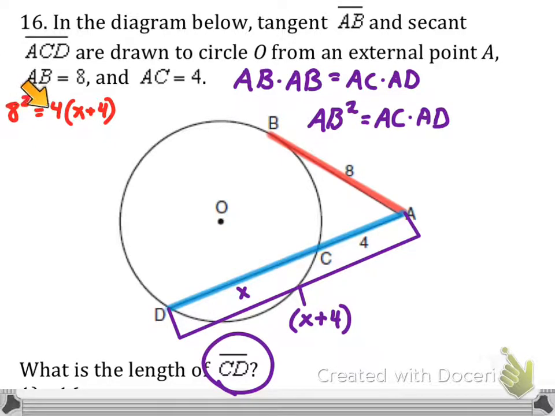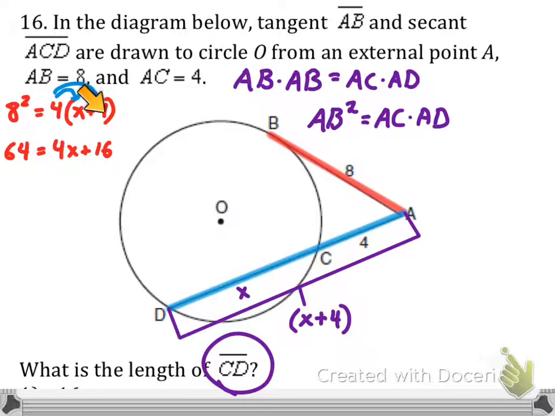So 8 squared equals 4, which is the outside, that's AC, times x plus 4, which is the whole length of the line segment. 64 equals 4x plus 16. Do not forget to distribute the 4. So 4x plus 16, which is 4 times 4.